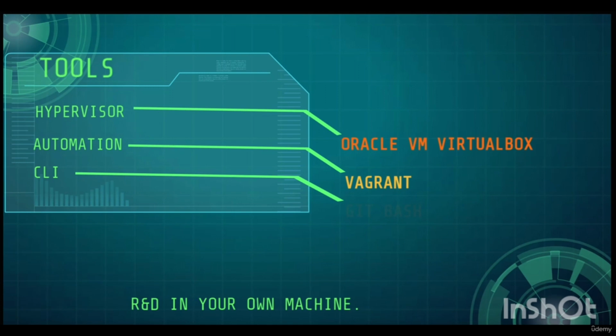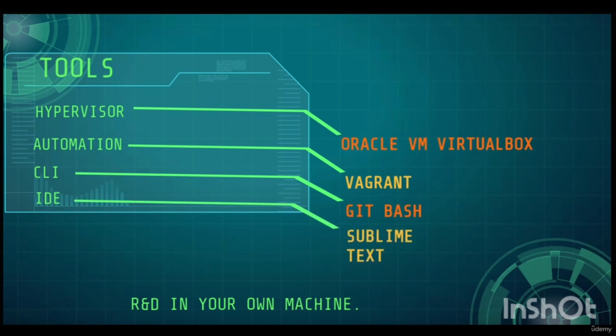So we'll be using a command line tool, Git Bash, which will be multi-purpose for executing commands and also for version control. We can also use an IDE, so you can use Sublime Text, or if you prefer Notepad++, Visual Studio, or anything else, you can use that also. You must have installed all these tools already from the prerequisites video.